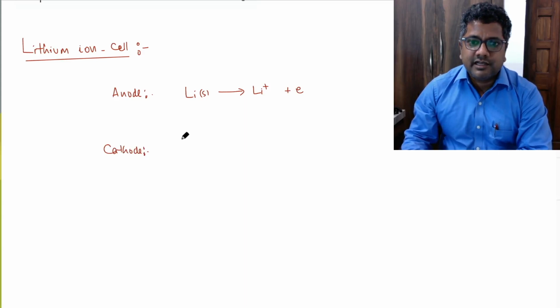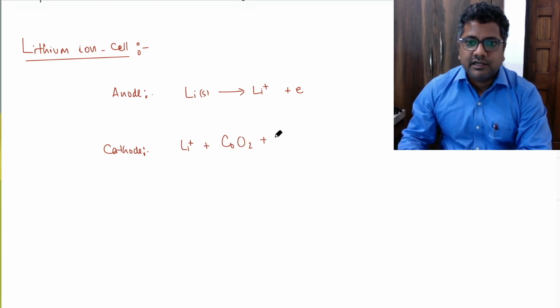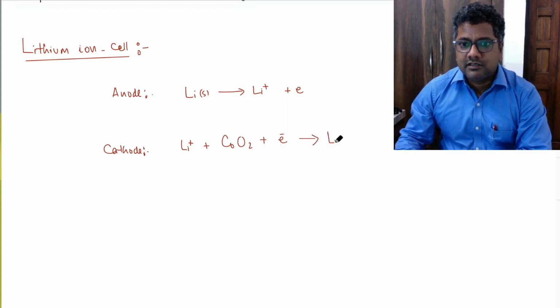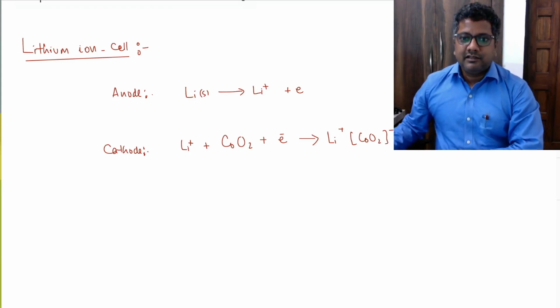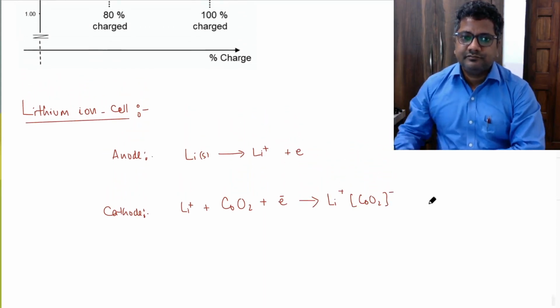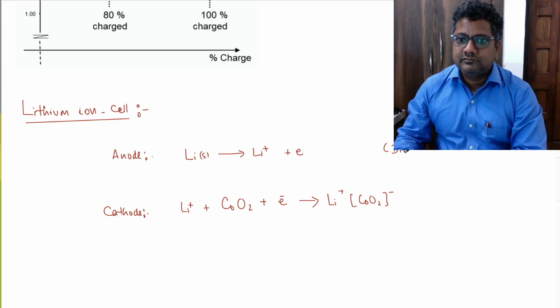And the cathode reaction is Li+ plus cobalt oxide CoO2 plus electron. This will give you Li+ CoO2-, right? So this is the discharging reaction, and this is also a discharging reaction.